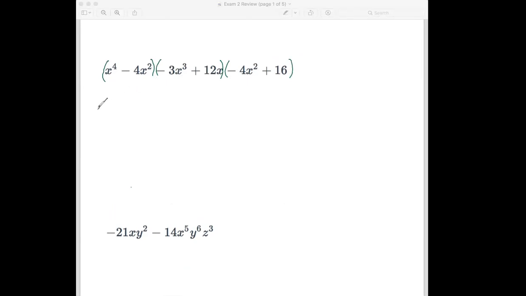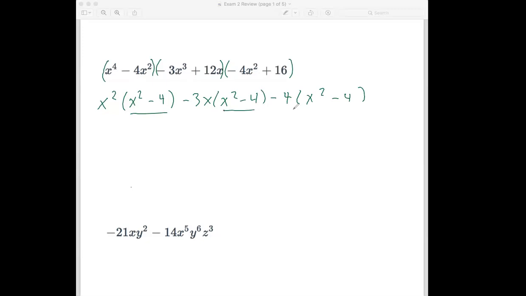We factor out an x squared, so this becomes x squared minus 4. Over here, a minus 3x, x squared minus 4. Over here, a minus 4, so we do minus 4, x squared minus 4.